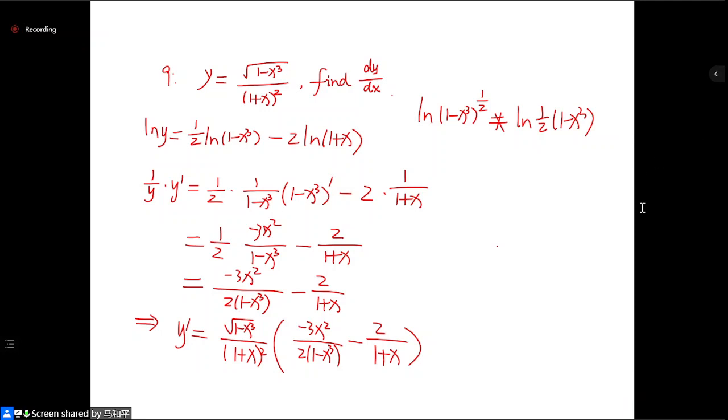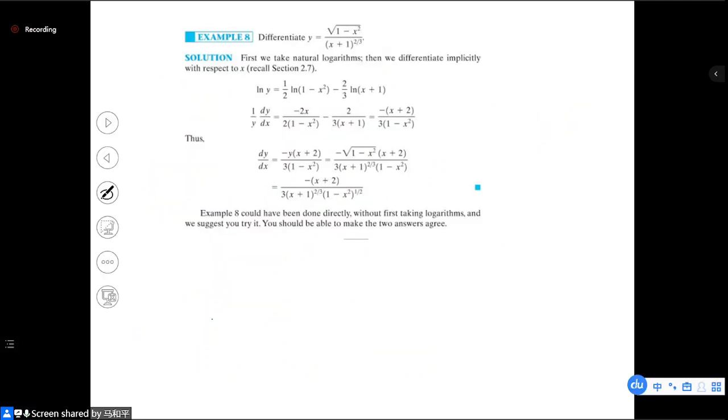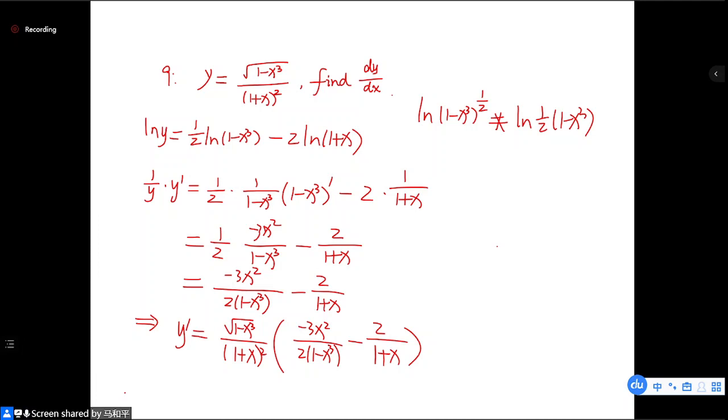Do you understand it? Okay. The last line. You see this line?